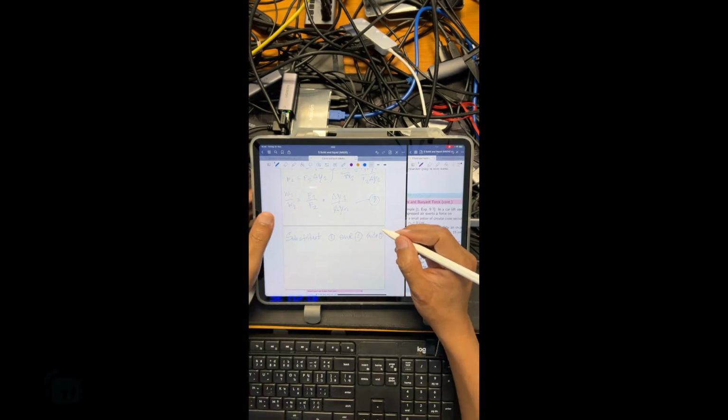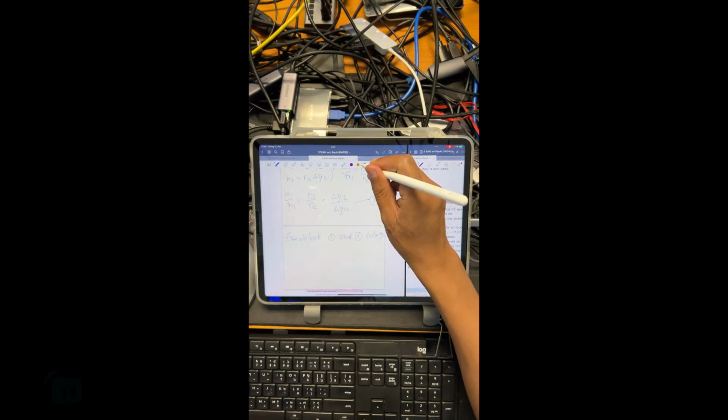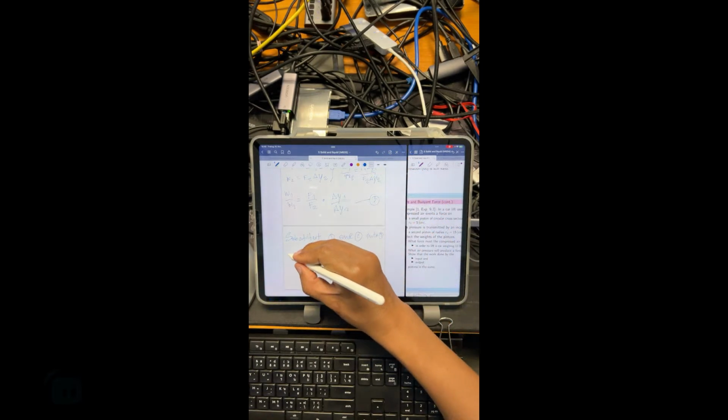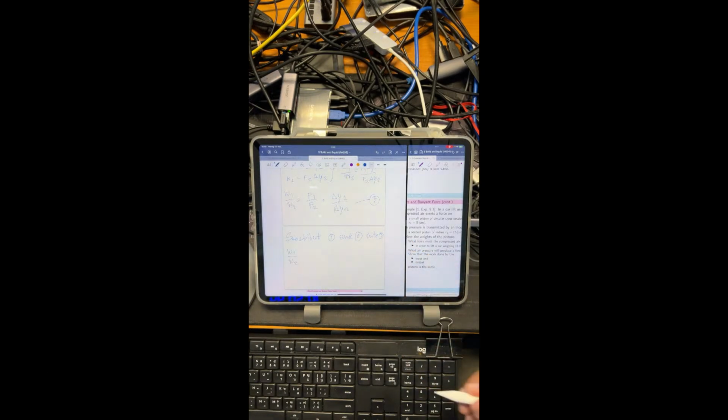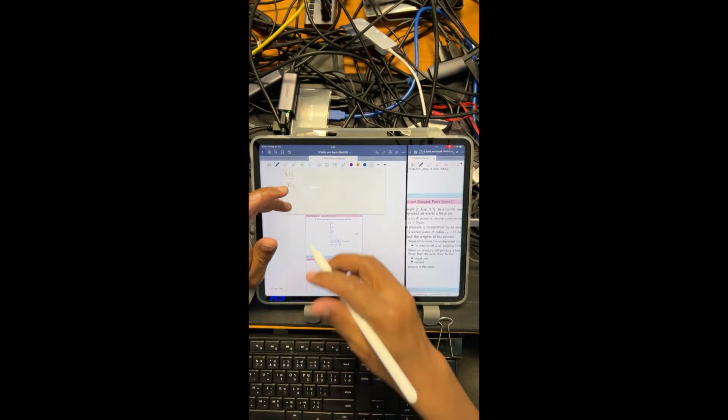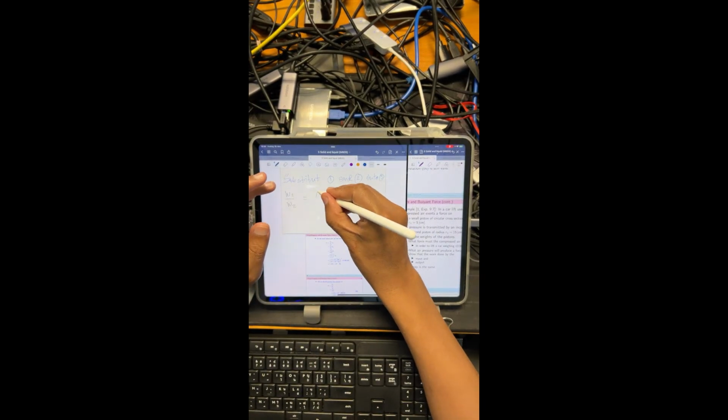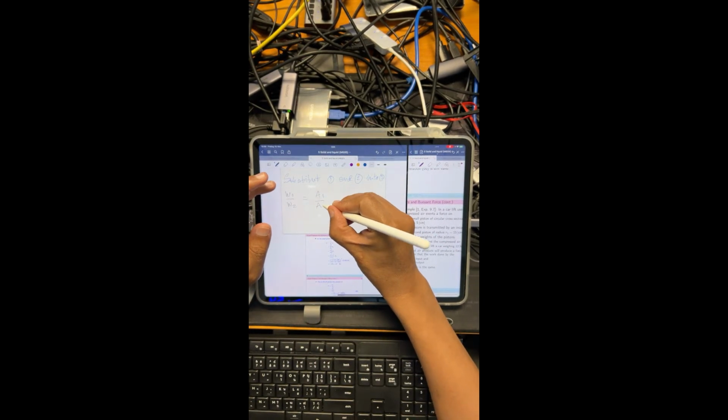So we would have W1 divided by W2. F1 by F2 is A1 by A2, so the first term is A1 by A2.